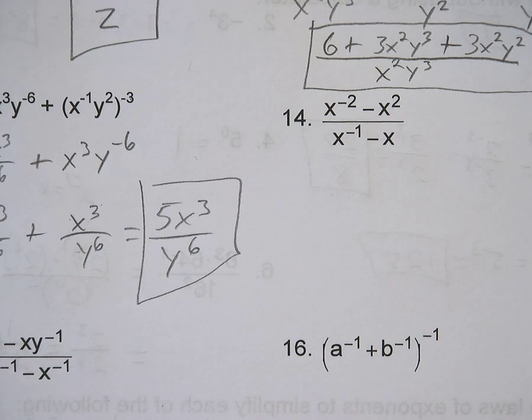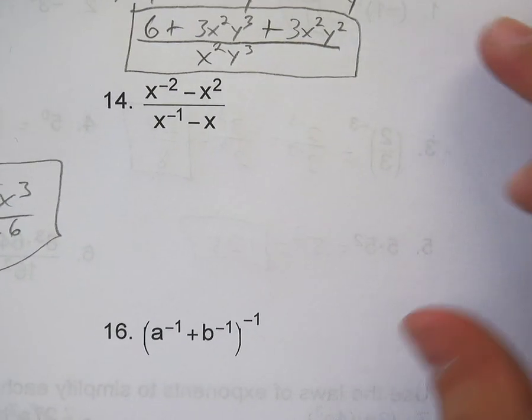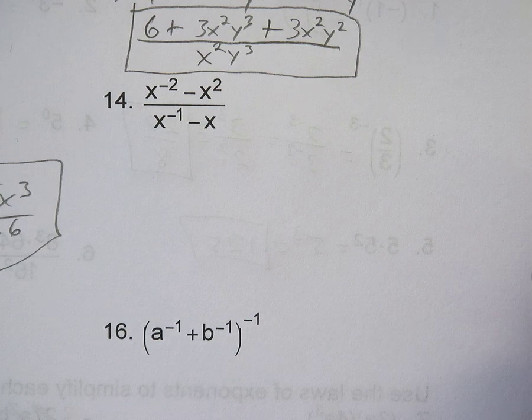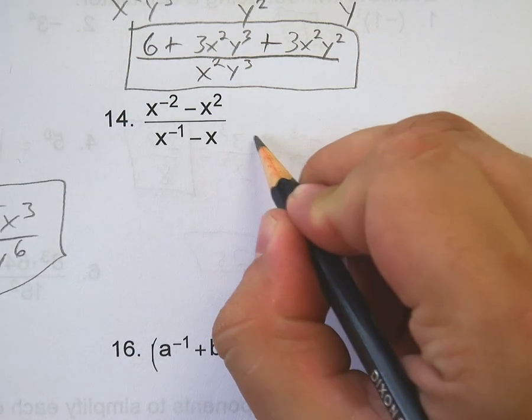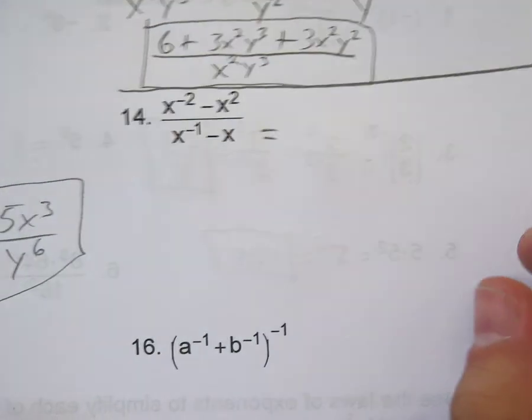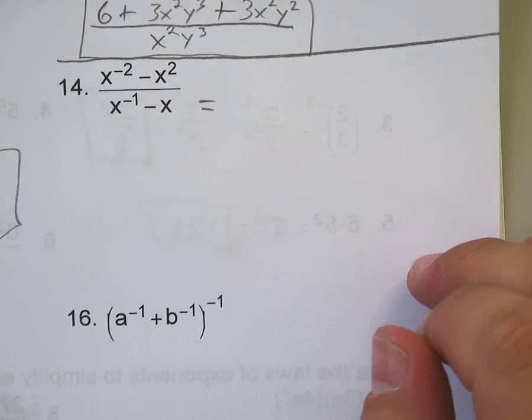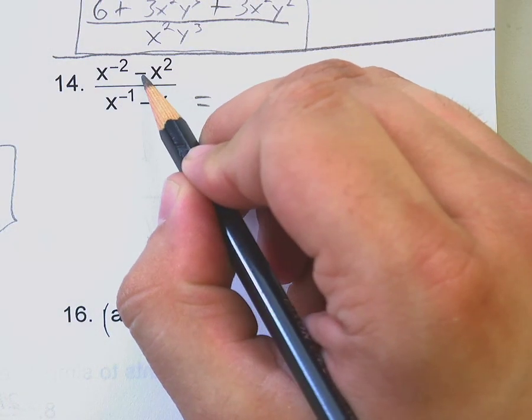Charging through. Number 14. X to the negative 2 minus x squared over x to the negative 1 minus x. This is going to get just a teensy bit complex. Let me separate this here. X to the negative 2 minus x squared.